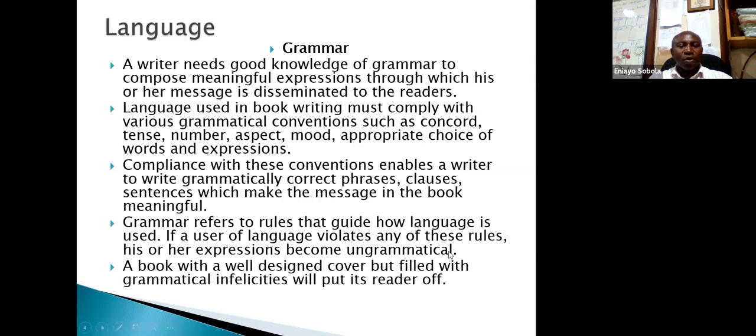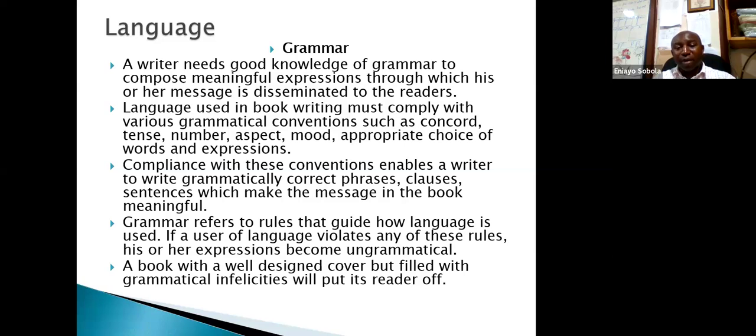You can see that a book with a well-designed cover, but filled with grammatical errors, will put the reader off. So nobody would like to read such a book. As beautiful as it appears, with a well-designed cover and graphic illustration, if the first sentence you read has a lot of crisis, you just drop it and go away.